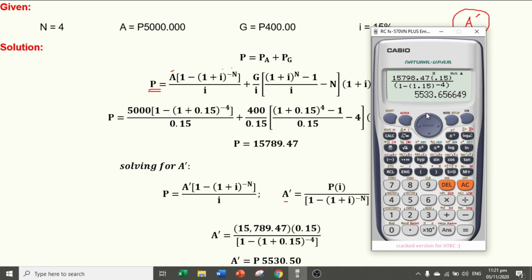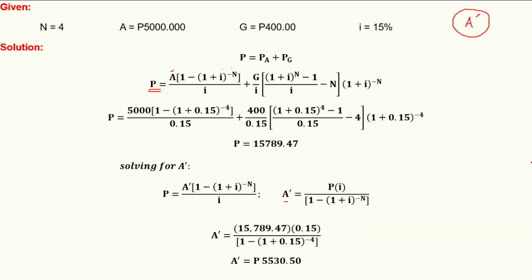Okay, so tama naman siya. Medyo may difference nga lang, kasi mali yung type ko. 15,789. Yan, 5,530.5. So, ayan na yung ating sagot. Okay? So, yan yung hinahanap.